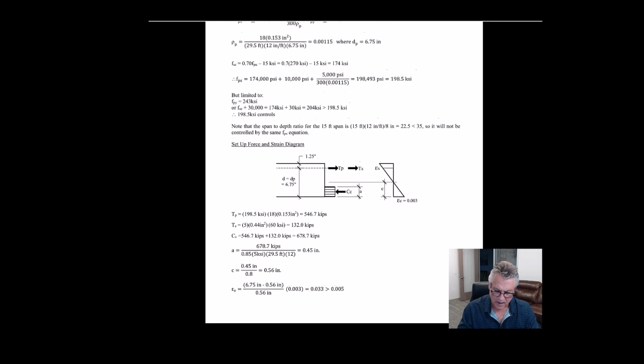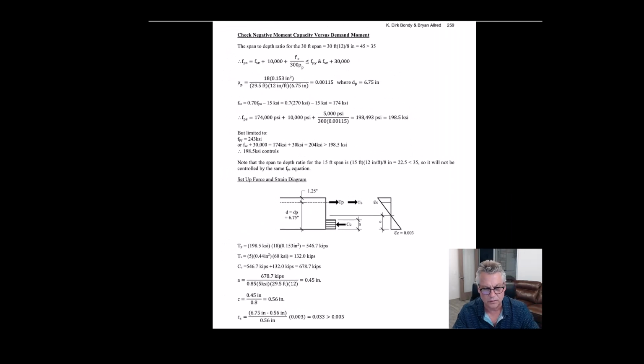So slabs, you'll do that calculation once, and you'll find out they're always tension controlled. I should never say never, but you have a weird situation if you start getting compression steel requirements in your slab. But in this case, we're nowhere near needing compression steel.